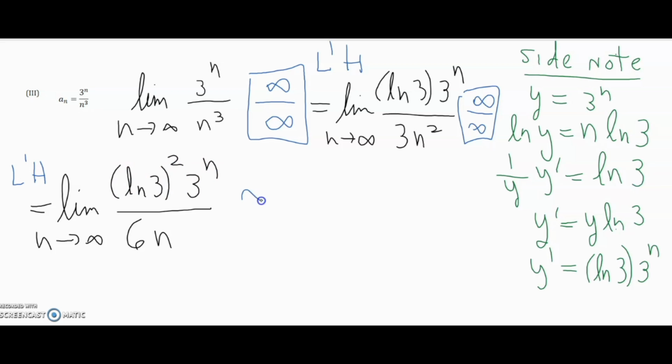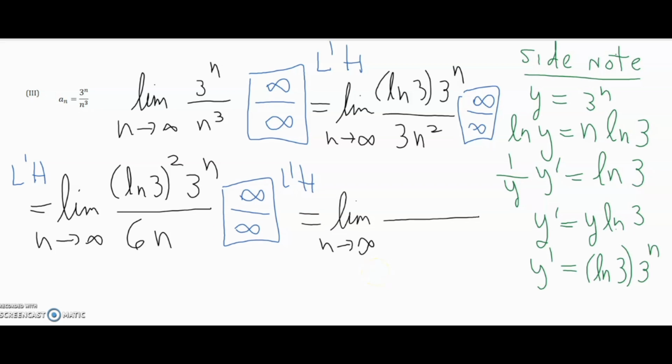If I now evaluate the limit, I realize that I am still in trouble, and I'm going to need L'Hopital's rule one more time. If I take the derivative of the numerator one more time, I introduce yet another natural log of 3, so I'm up to 3 of them. Now I have natural log of 3 cubed multiplied by 3 to the n power.